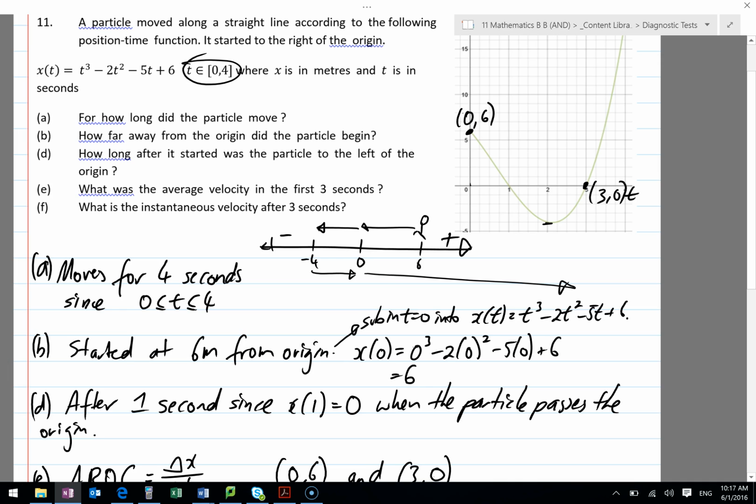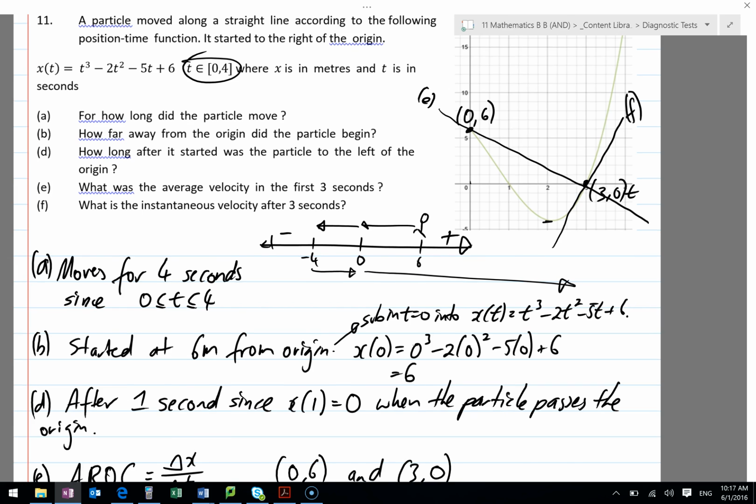So part E was this line. Part F is the slope of this tangent. I could try and estimate the slope of the tangent, finding 2 convenient points, but I'm going to use the formula that's provided and use instantaneous rates of change.